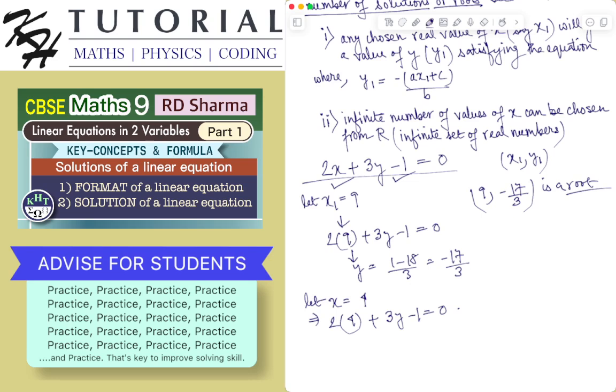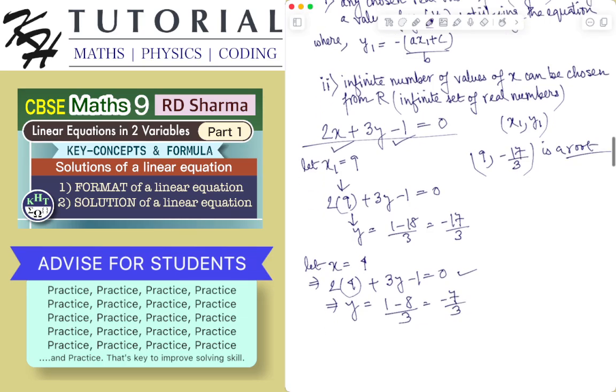satisfy this linear equation. So from here we get y is equal to (1 minus 8) by 3, which is minus 7 by 3. So this will imply that 4 comma minus 7 by 3 is a root of the linear equation 2x plus 3y minus 1 is equal to 0.